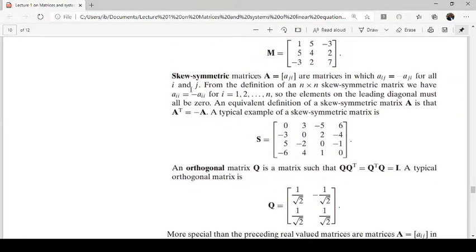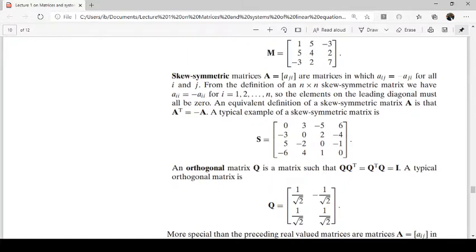When we say skew symmetric, it's telling me that the transpose of A is equal to minus A. That means if matrix A is a skew symmetric matrix, the transpose of A is equal to minus A. We try that: this is a skew symmetric matrix, this is a symmetric matrix.